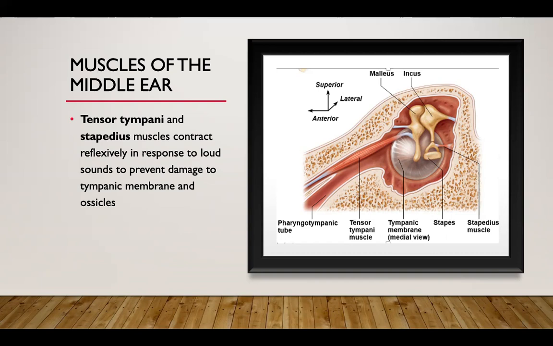Do keep in mind that even though these muscles are there, continuous loud noise that affects these bones will eventually lead to hearing loss as a damage to either the ossicles or the tympanic membrane.